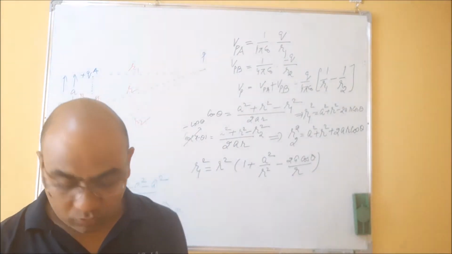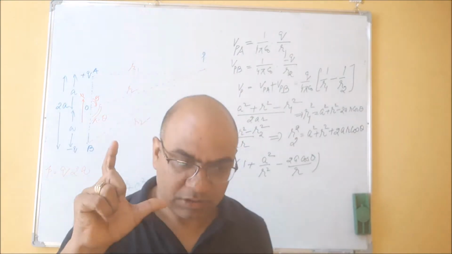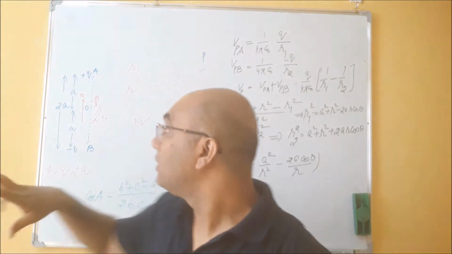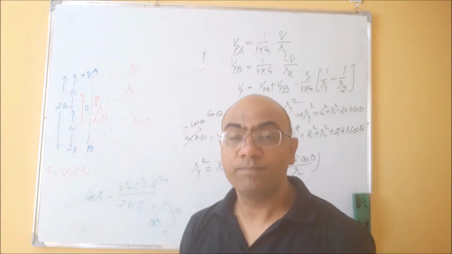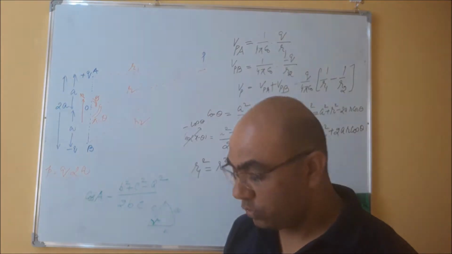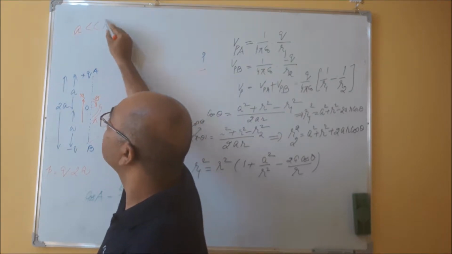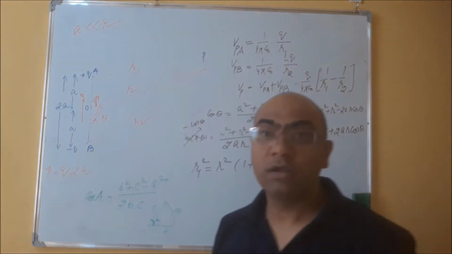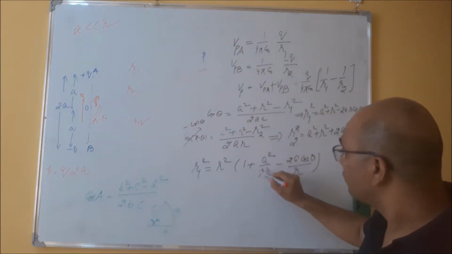Right? Now, since you know the distance between the charged particles plus q and minus q is very small, the length of the dipole is very small, this means that A is very less compared to R. If A is very less compared to R, what can we do?